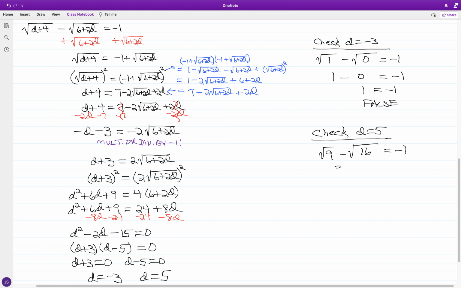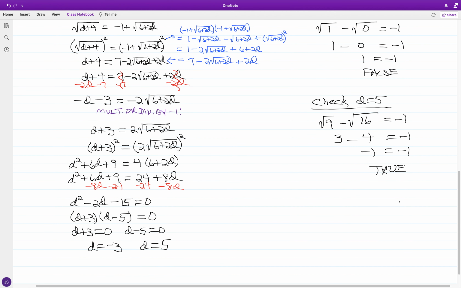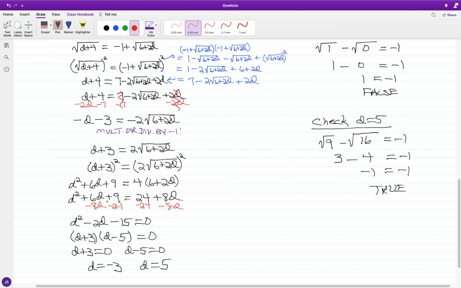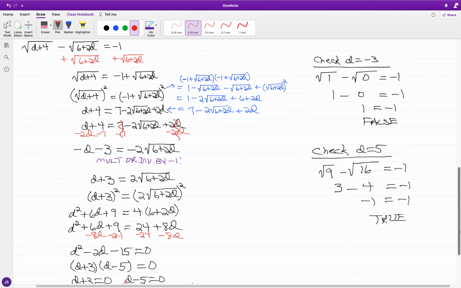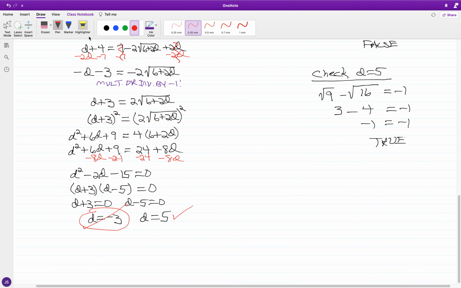The square root of 9 is 3, and you got minus the square root of 16, which is 4. 3 minus 4 is negative 1. And negative 1 is equal to itself, so that is going to be true. So 5 checks out and negative 3 does not. So for this equation in d, we have one solution, and that is d is equal to 5.